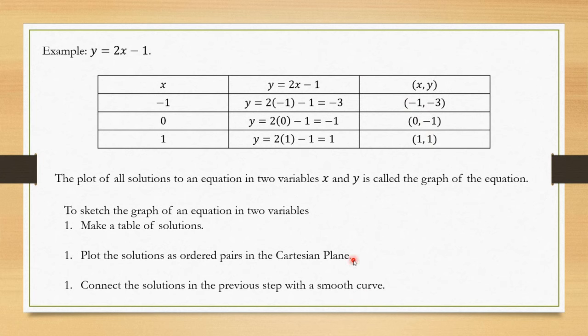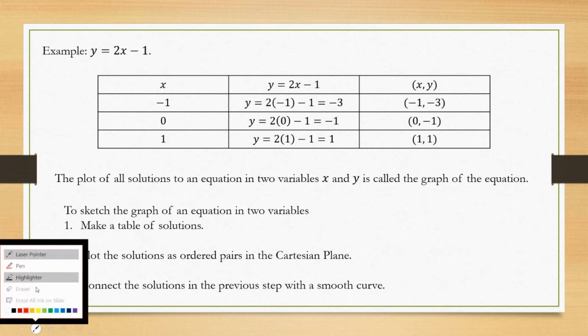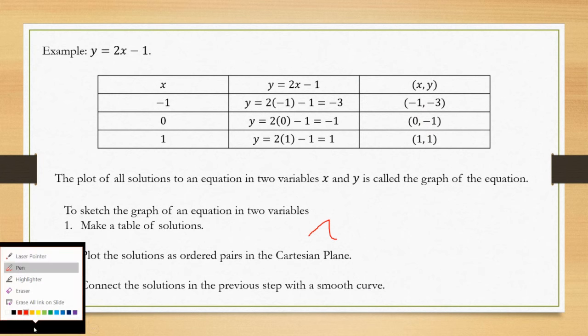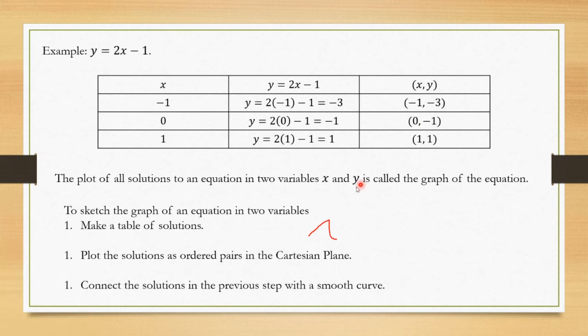Smooth meaning it has no sharp turns. Let me see if I can draw that. Smooth meaning it's not like this, a point, a quick turn. Of course, the more points you plot, the more accurate your graph is going to be.